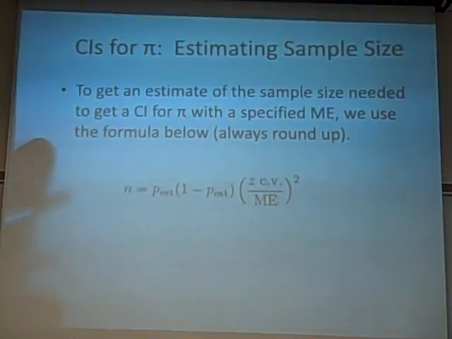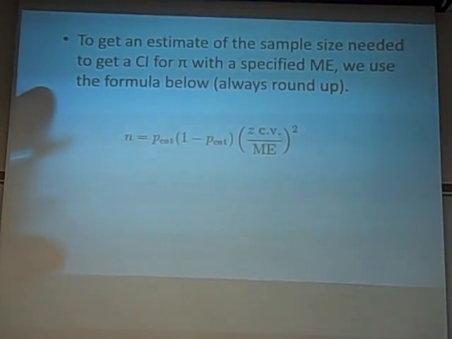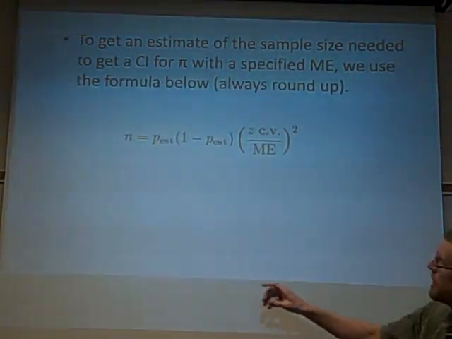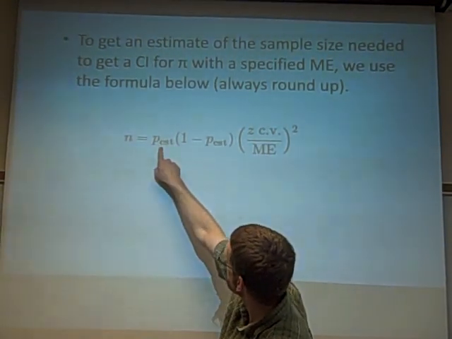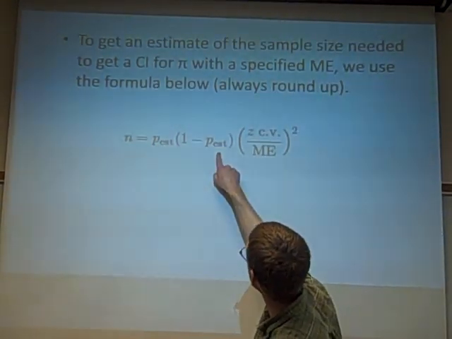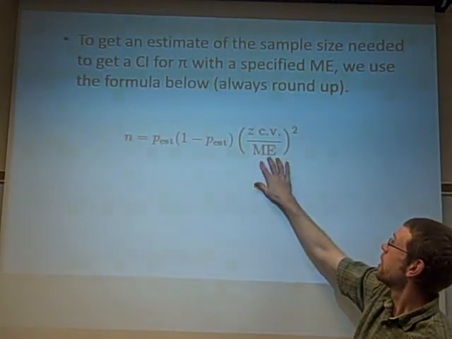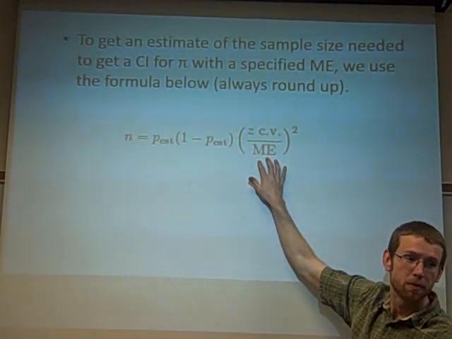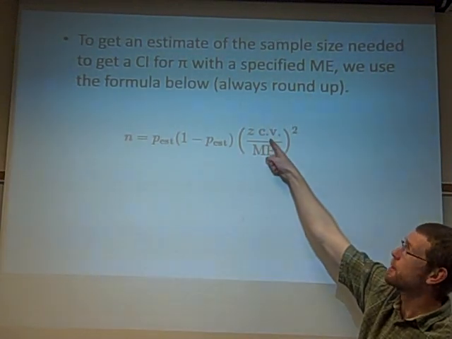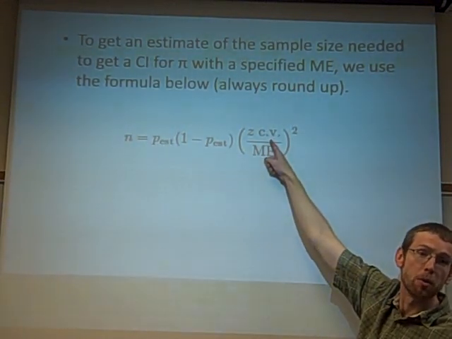I've got to give you your daily dose of algebra, so here you go. This is the formula, right? This says n is equal to p sub est times 1 minus p sub est times this stuff. What do you know about this stuff? The z-critical value comes from the table, so it's a number.